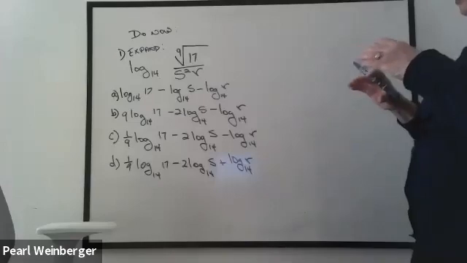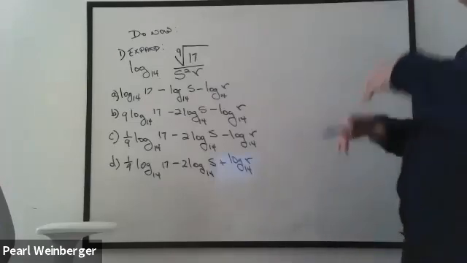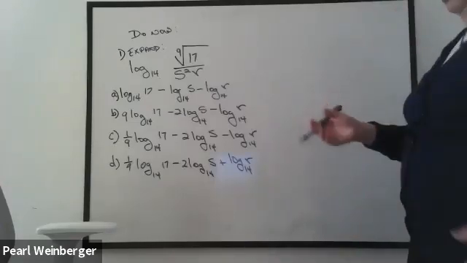I just want to have something in the end that says log 17, log s, and log r.